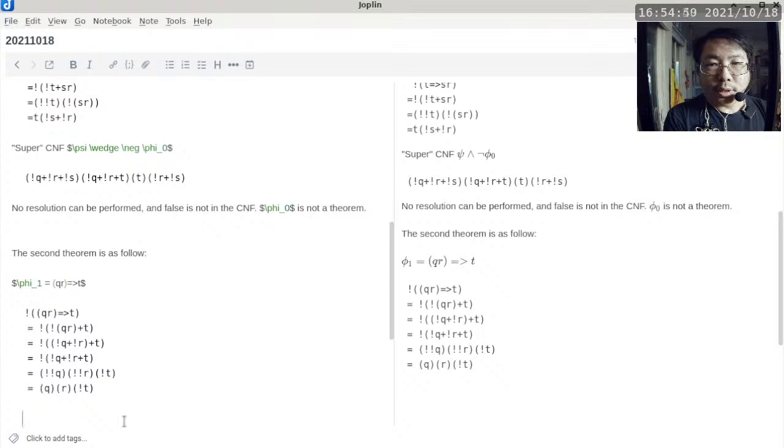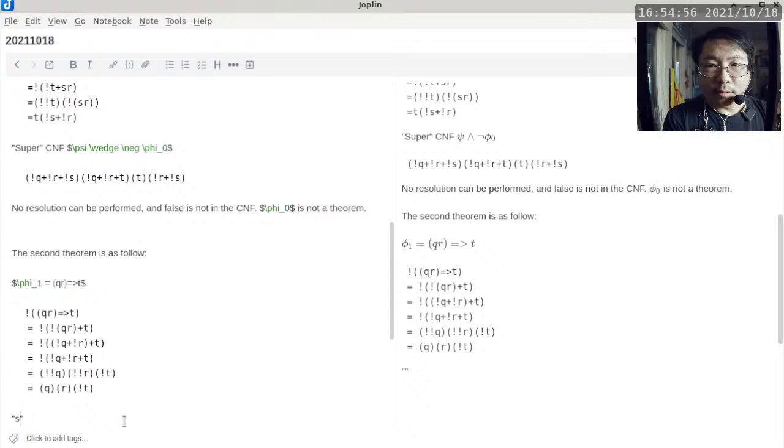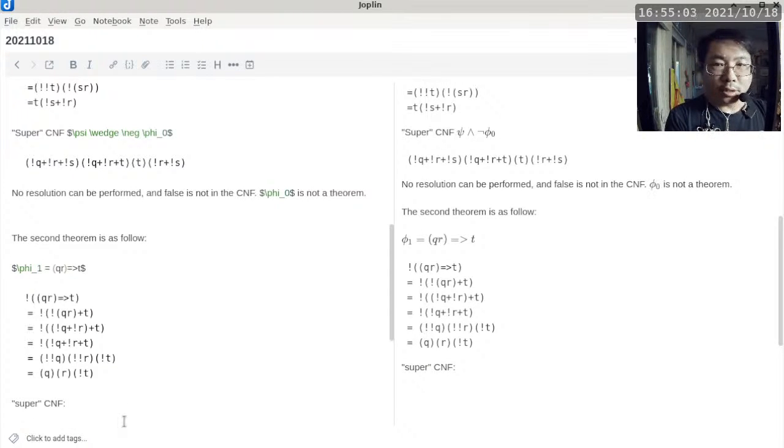All right, so at this point, let's make a super CNF again. The super CNF is really the concatenation of everything that is known to be true. So I am going to borrow that from here because it's the same thing.